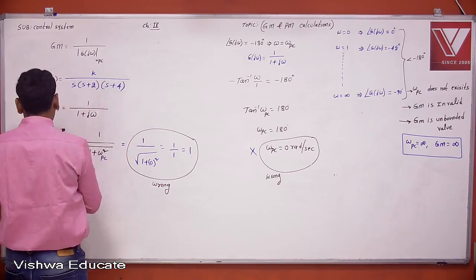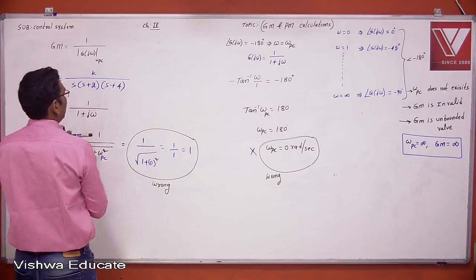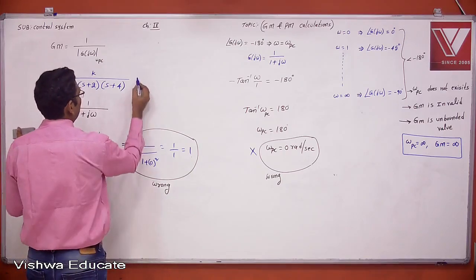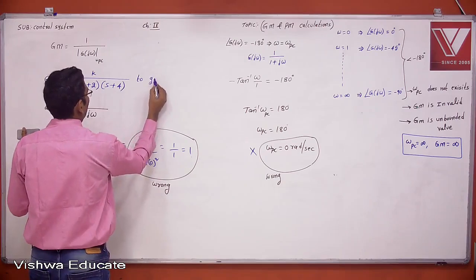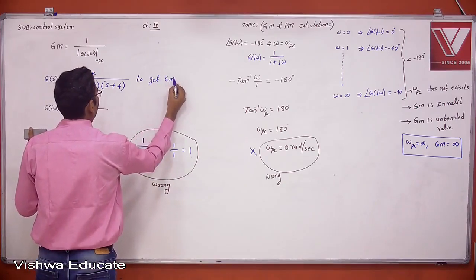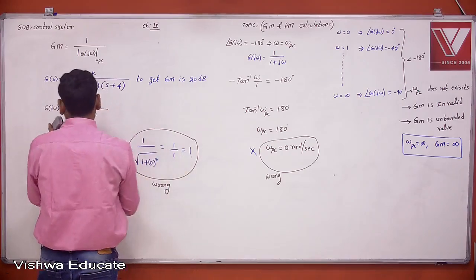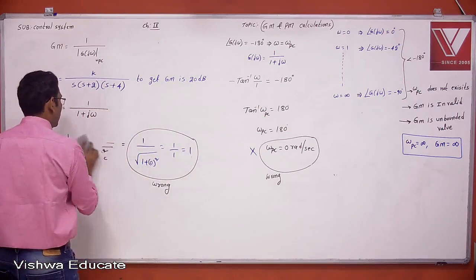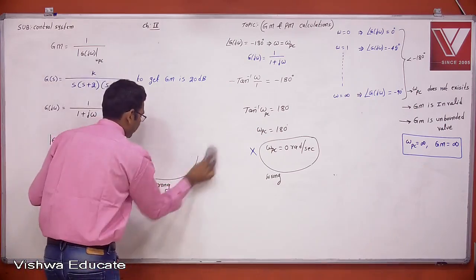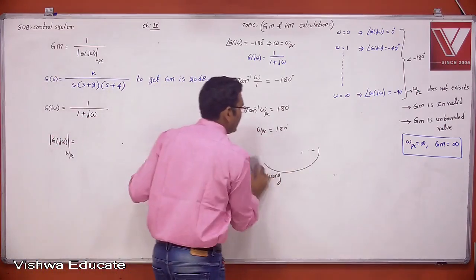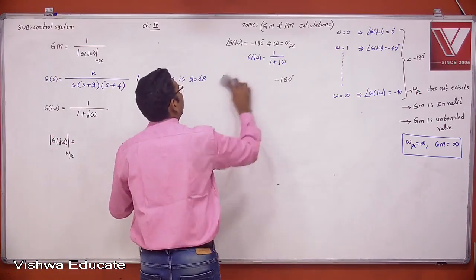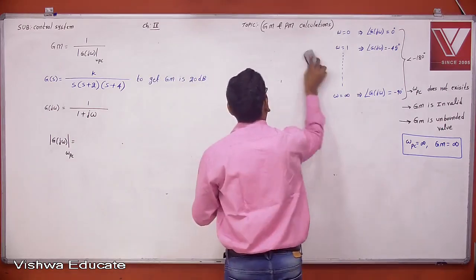Determine the K value to get a gain margin of 20 dB. This is the question. What is the K value to get the gain margin of 20 dB?